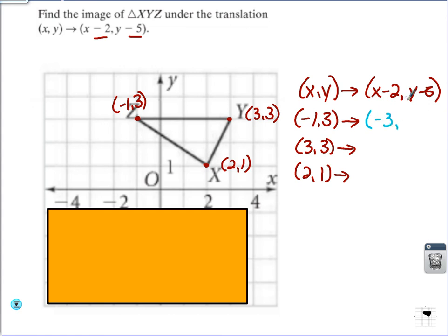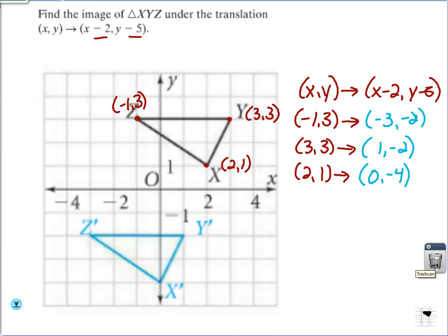And 3 minus 5, (-3, -2). Very good. (3, 3), Sierra, turns into, perfect. And finally, Rachel, (2, 1), turns into (0, -4). Good. And I've already got a graph.